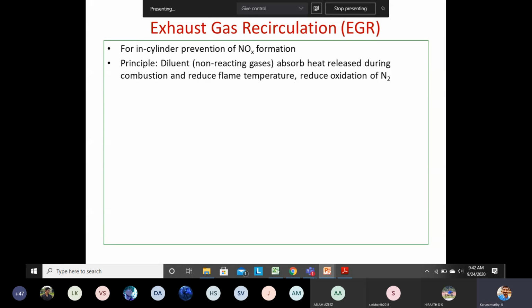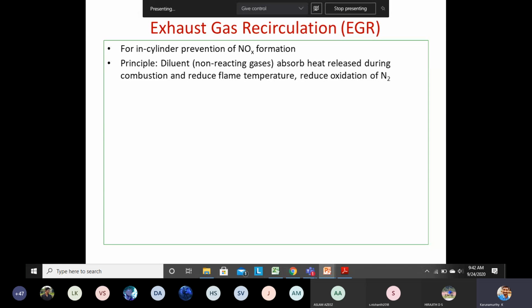Okay. So where is the NOx going to be formed? The NOx is formed inside the engine cylinder where the temperature is higher. If the combustion temperature is high within the engine cylinder, then the formation of NOx is going to be there. That means we have to bring down the combustion temperature.